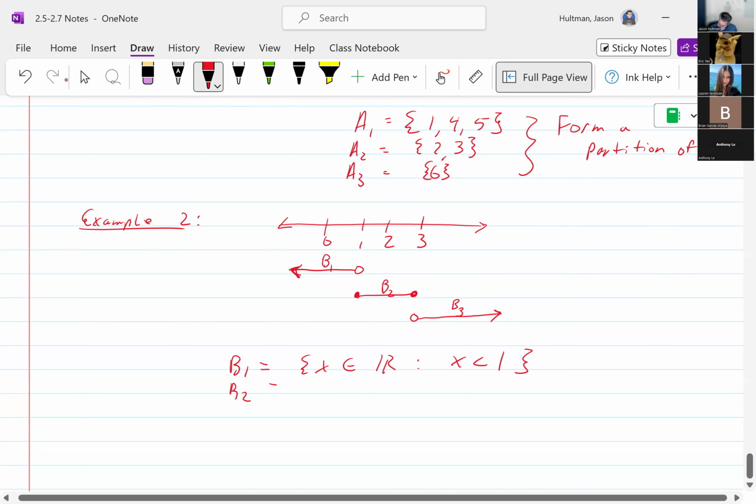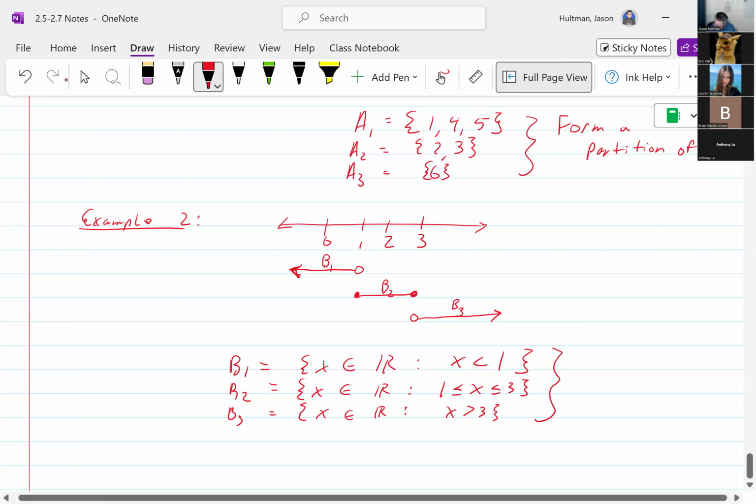B2, x is an element of R, such that 1 is less than or equal to x, which is less than or equal to 3. And B3 is equal to x, an element of R, such that x is greater than 3.